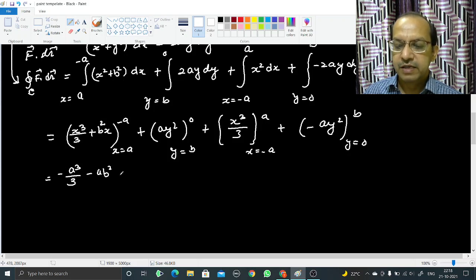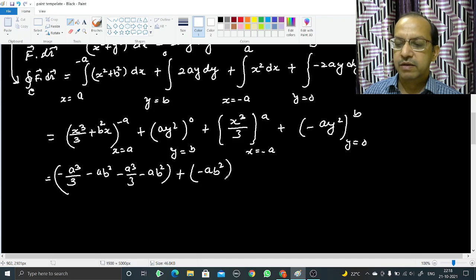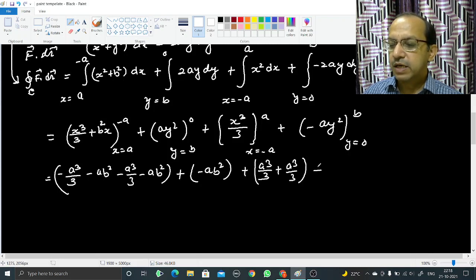Then we will put minus of a cube by 3 and minus of b square into a, that means ab square, the first bracket, plus we will put 0, then minus of ab square, plus we will put a cube by 3, then minus, and minus a cube is minus, that means it will be plus a cube by 3, plus we will put minus of ab square and 0.